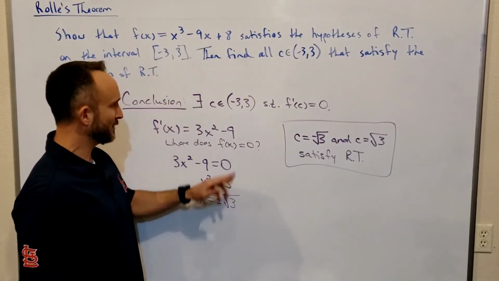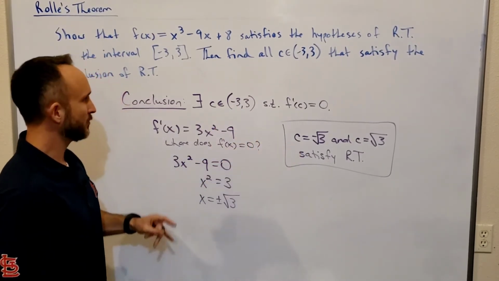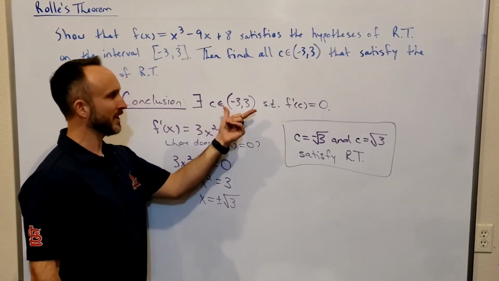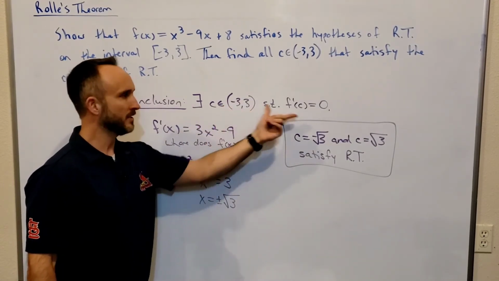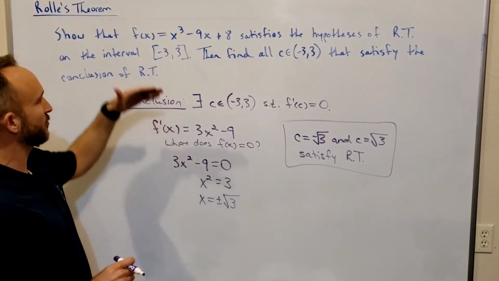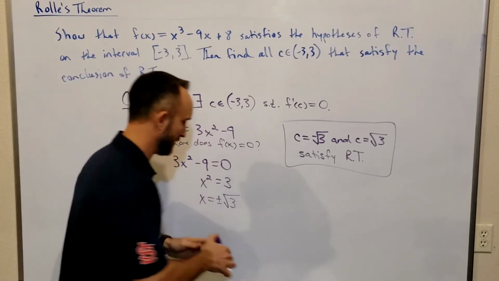Now, if one of these was outside of this open interval, we would not put it in our answer because Rolle's theorem says that there exist c values in this interval. And so all we're doing is finding the c values that are in this interval to satisfy this condition. So that's a direct application of practicing with all the hypotheses and the conclusion of Rolle's theorem.